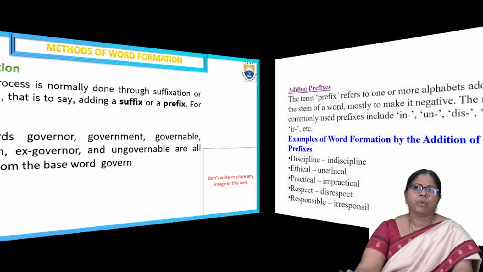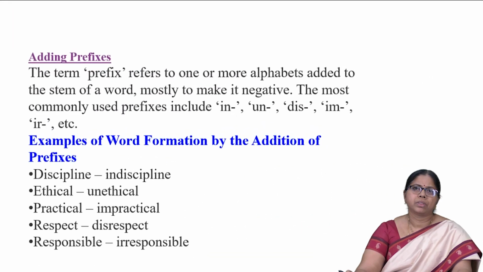We follow some examples here. The term prefix refers to one or more syllables added to the stem of the word. The actual meaning of a prefix is one or more letters or a syllable which we add to the stem of a word, mostly to make it negative.